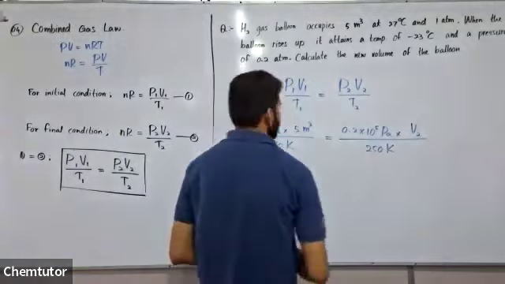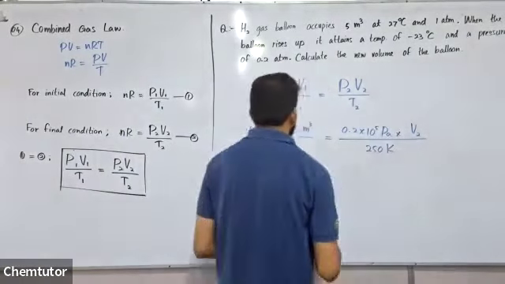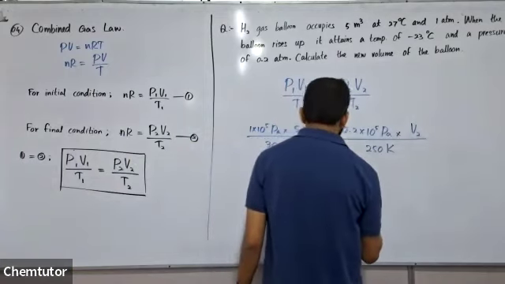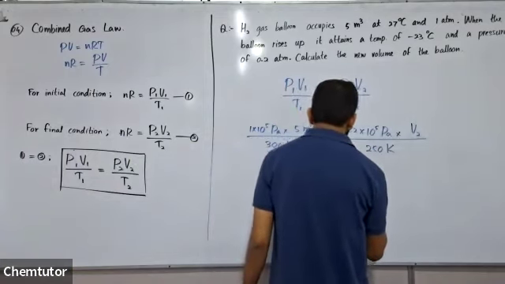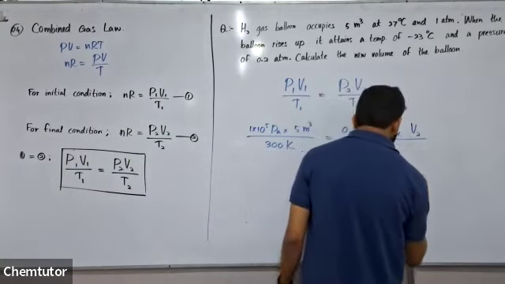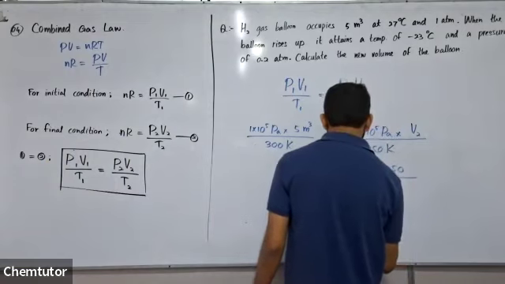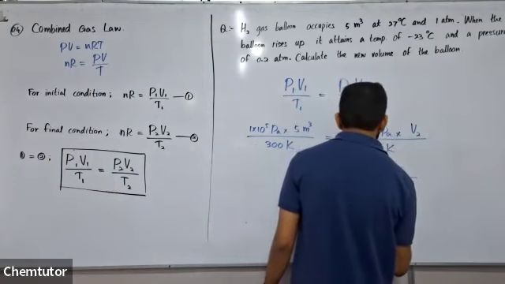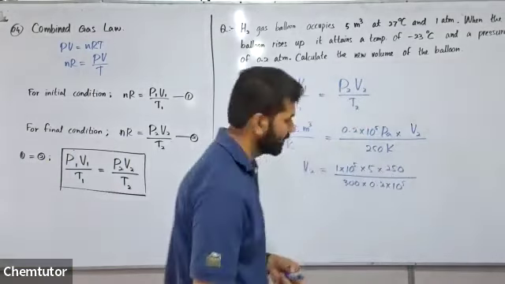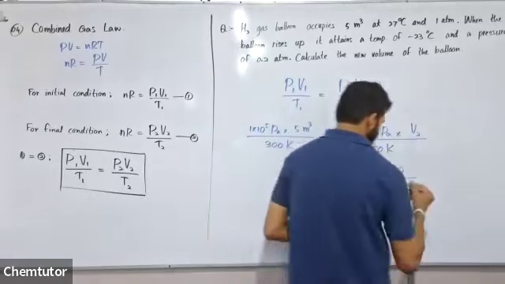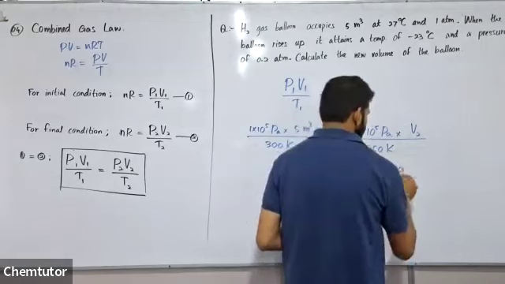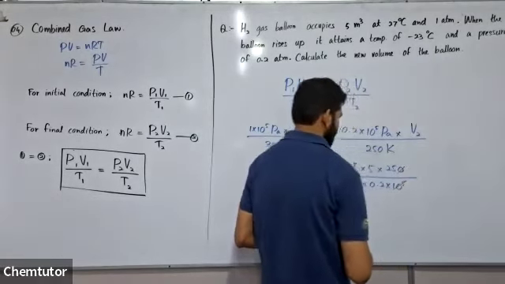The 10 to the power 5 gets cancelled off. We can find V2, that is 1 into 5 into 250 divided by 300 into 0.2. The zeros get cancelled off.